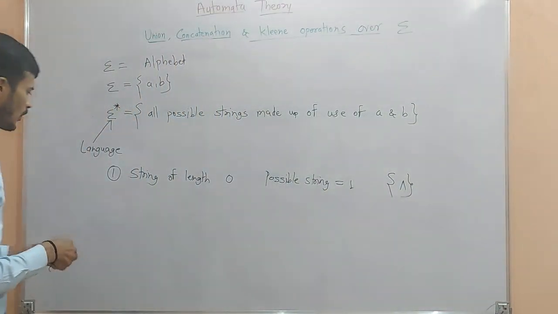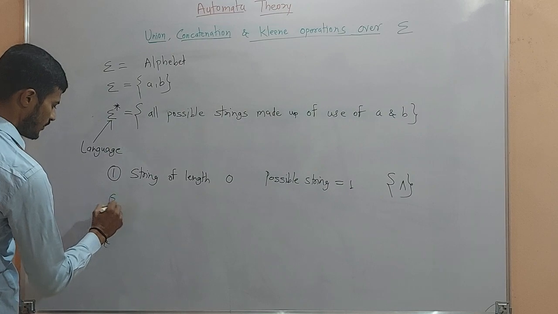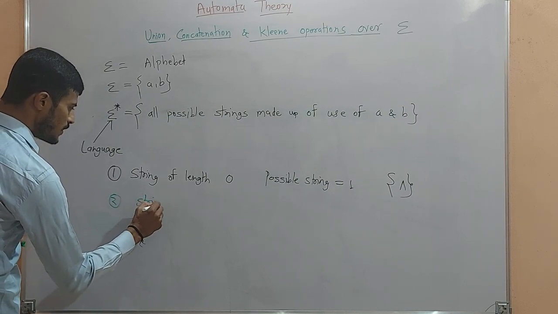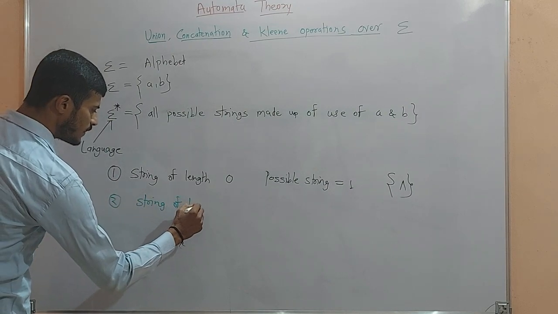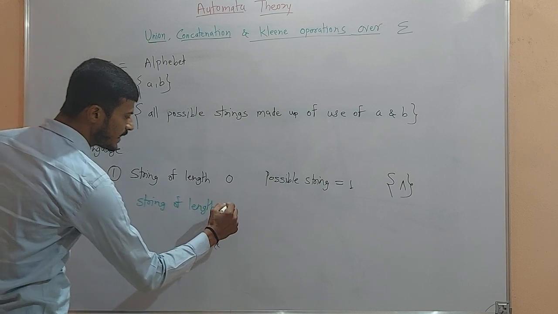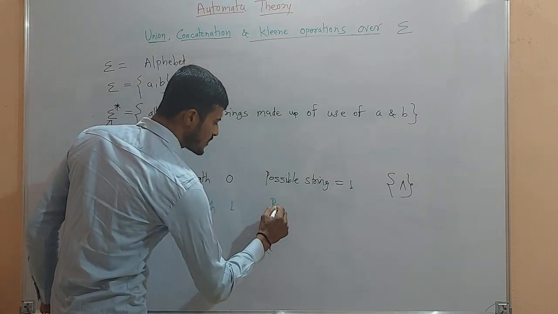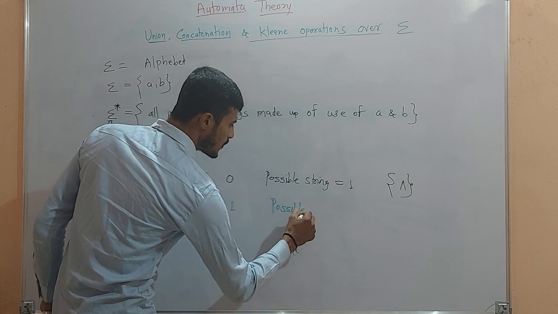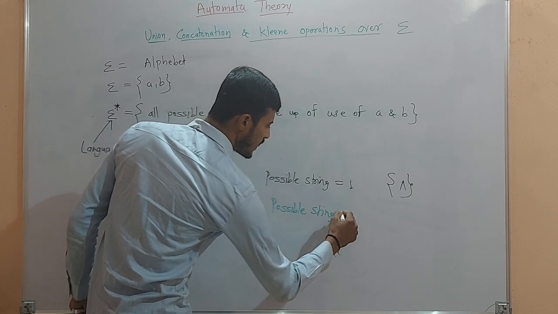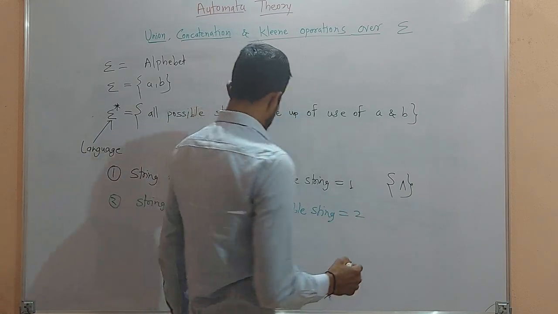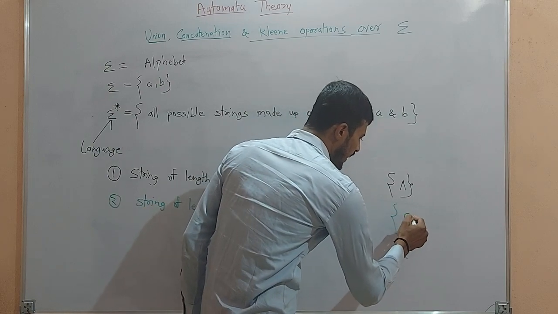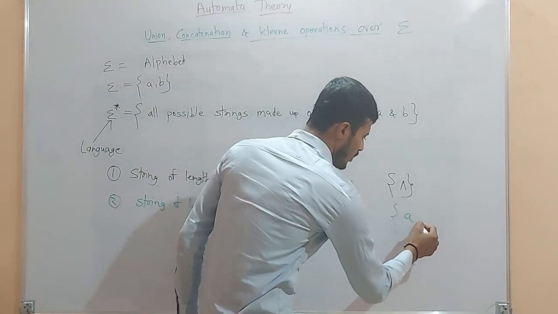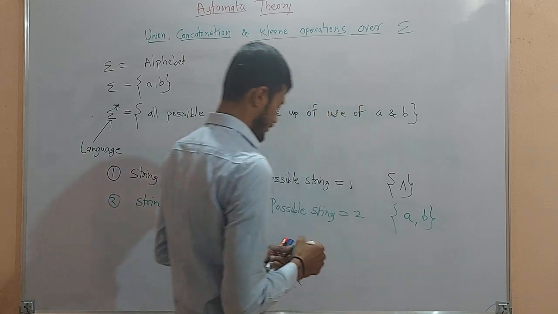Then the second one, a string of length 1. Possible strings will be 2. Length 1 means A has length 1, and B has length 1.